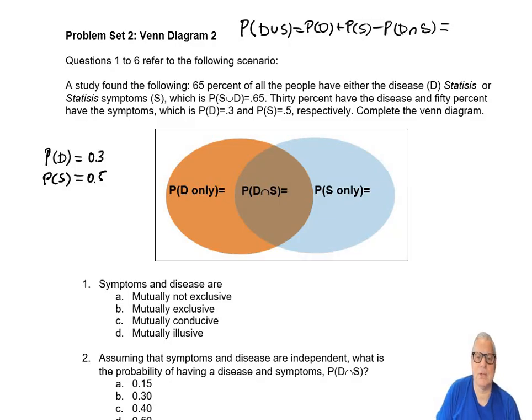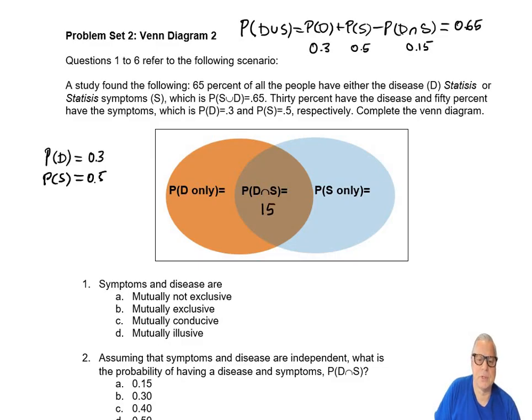And we know that this union is 0.65, the probability of disease is 0.3, and the probability of symptoms is 0.5. That means the probability of disease and symptoms must be 0.80 minus 0.15 to make it 0.65. So now we know this intersection is 0.15.